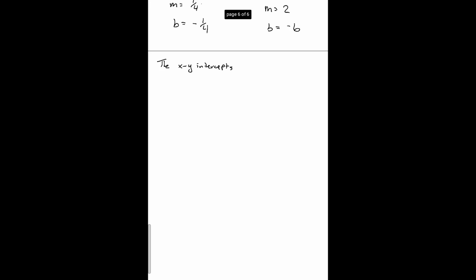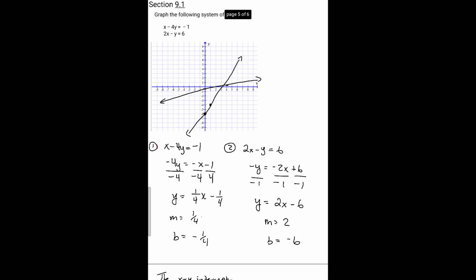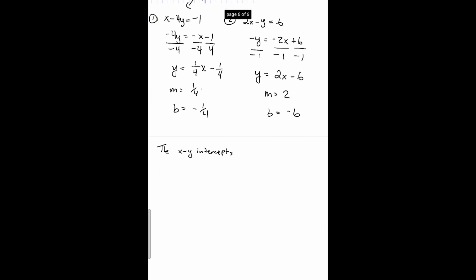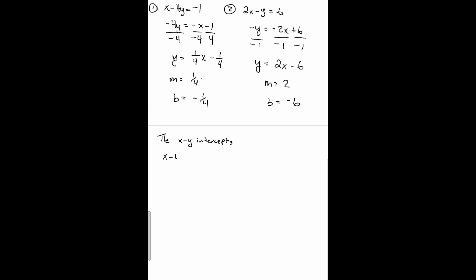Let me go back up here real quick. x minus 4y is negative 1, that's equation 1, and equation 2 was 2x minus y is equal to 6. If you wanted to find the intercepts versus doing the slope and y-intercept, that works too. Remember, to find the x and y-intercepts, you have two steps on each equation.